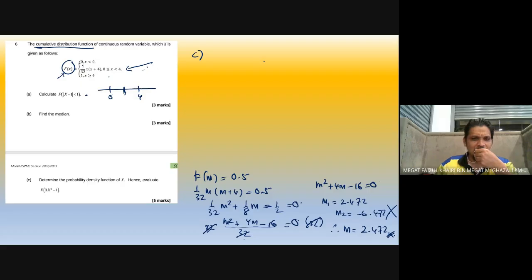Determine the probability density function, hence evaluate that. So now to find the expected of 3x squared minus 1.